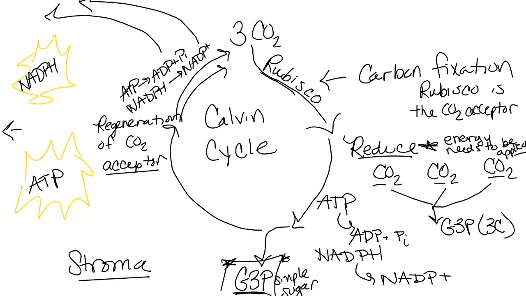So the Calvin cycle is the last stage of photosynthesis. Yes, the Calvin cycle is the last stage of photosynthesis.